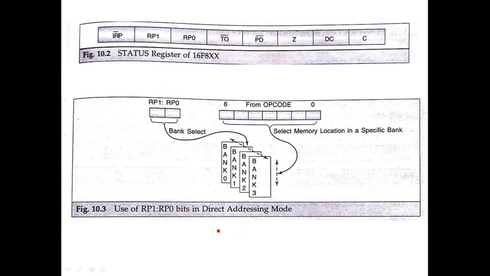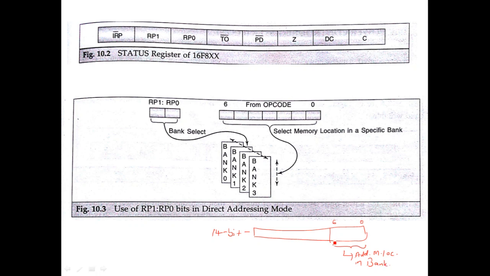So there is a 14-bit instruction. Out of the 14 bits, the last 7 bits, bit 0 to bit 6, represent the address of the memory location in the given, selected bank.